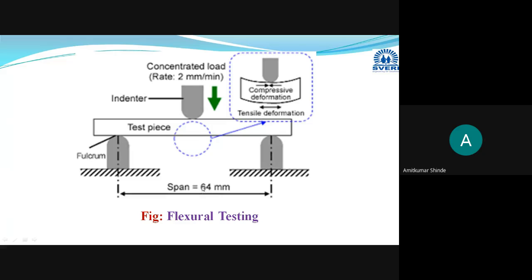Here you have to make the correction. This distance is 120 millimeter. At the top surface, what is important is that we are going to apply the load, and it is compressive in nature. This top surface will be subjected to the compressive stress, and the bottom surface, or the outer fiber of that material, will be subjected to tensile deformation.